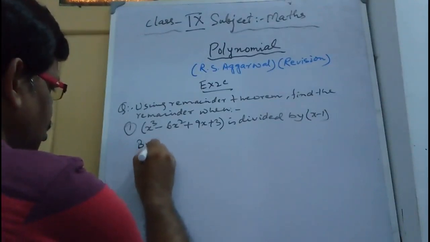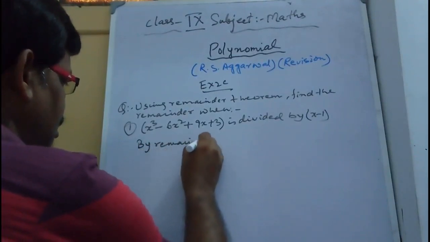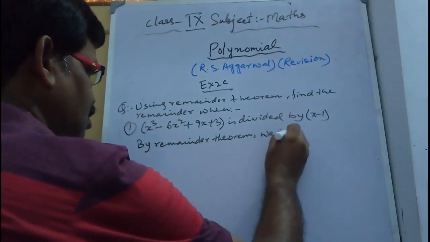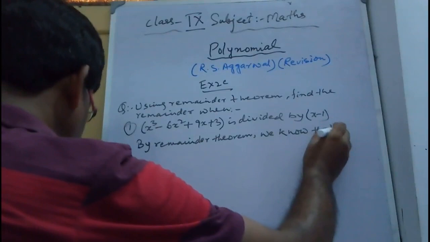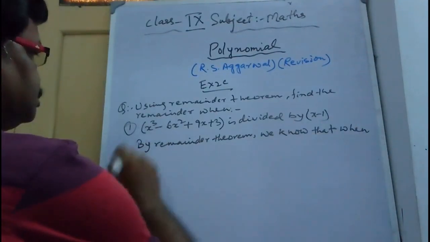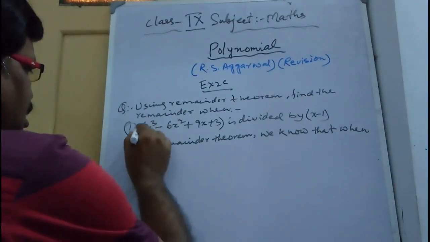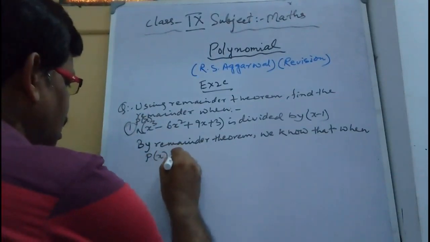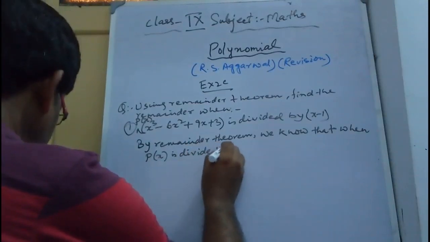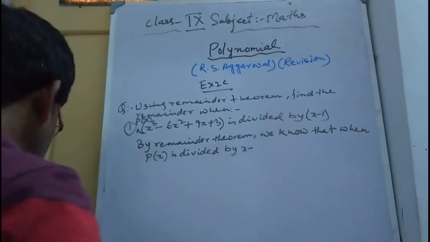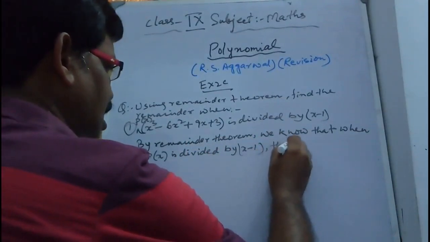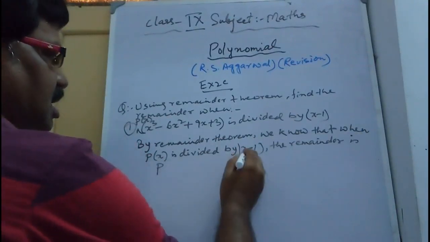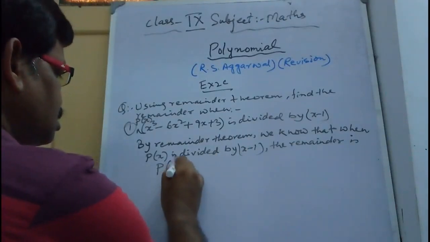So by remainder theorem we know that when px, the name of that polynomial, is divided by x minus 1, the remainder is p1, since x minus 1 equal to 0 gives x equal to 1.